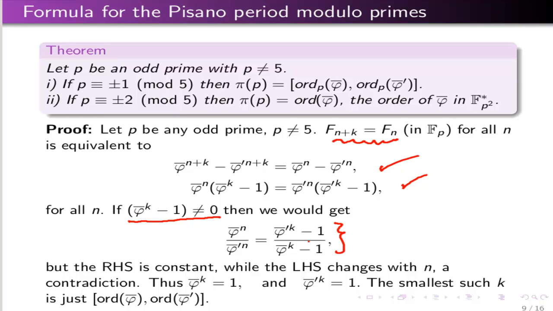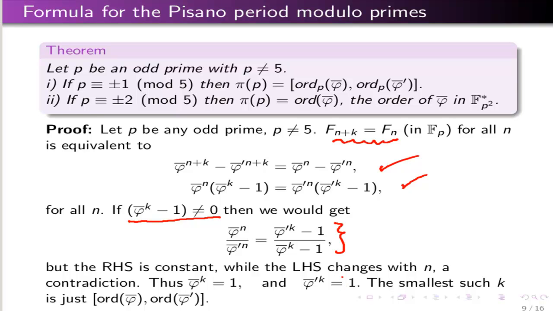So this implies that phi bar to the k minus 1 must be 0, and therefore phi bar to the k equals 1, and phi prime bar to the k also equals 1.